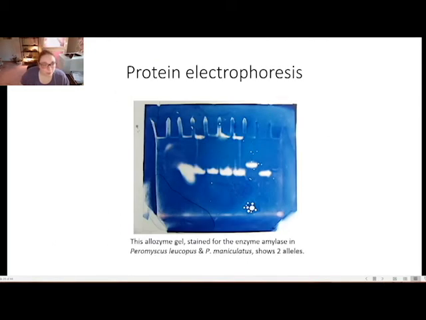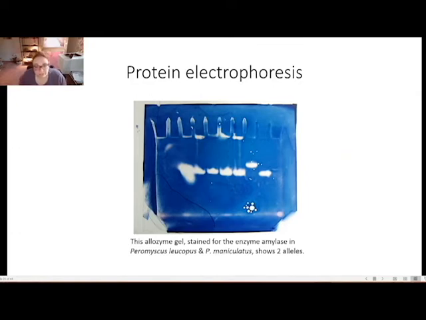Now in protein electrophoresis, this is your gel, right? They would have started in these wells here, and however far they traveled would be based on their genetic differences. In protein electrophoresis, the tissues are collected from many individuals, as per usual. They're macerated and separated using electrophoresis, and then they're stained to determine the specific enzymatic or protein activity.